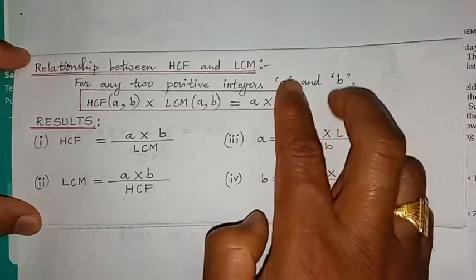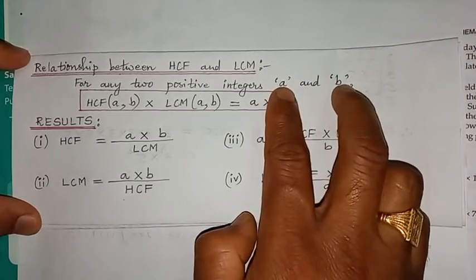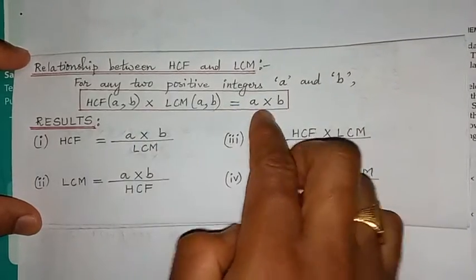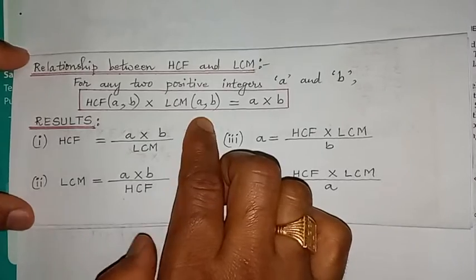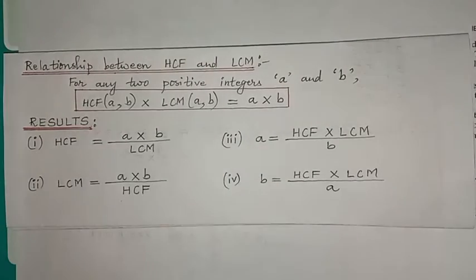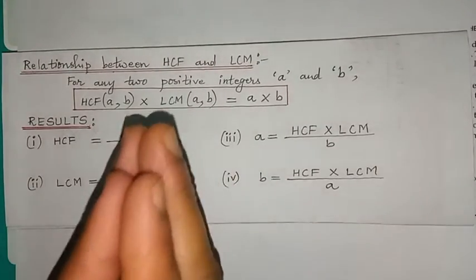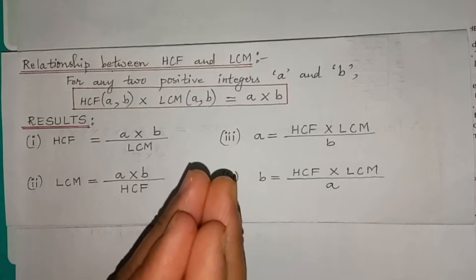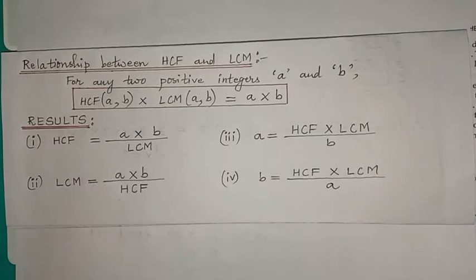That means if a and b are integers, their product will always be equal to the product of their HCF and LCM. A very clear relationship: I give you two numbers, you find their HCF and LCM, and on one side you multiply their HCF and LCM.